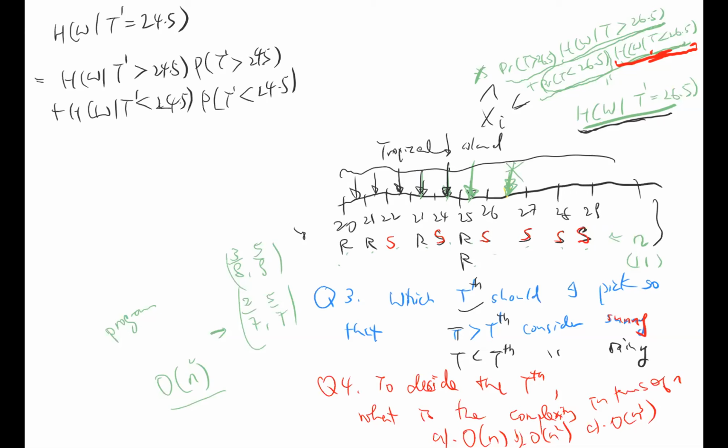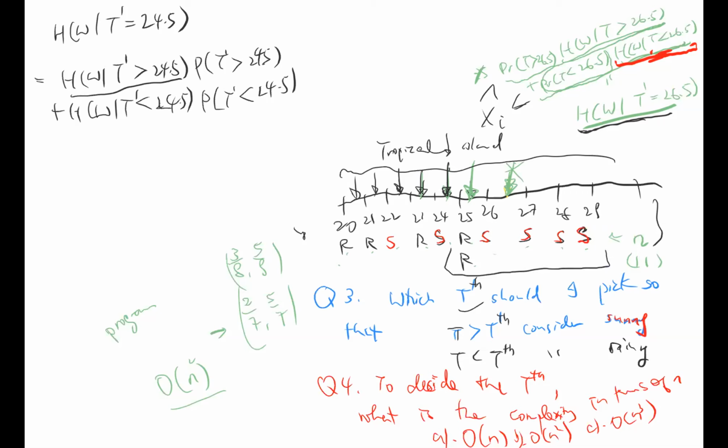But note, what do I need for these guys here? Maybe I start with the entropy first. For this one, what I really need to know is just, for everyone bigger than 24.5, that's all these guys here, how many days are sunny?